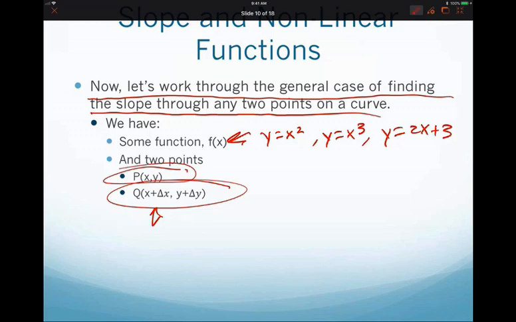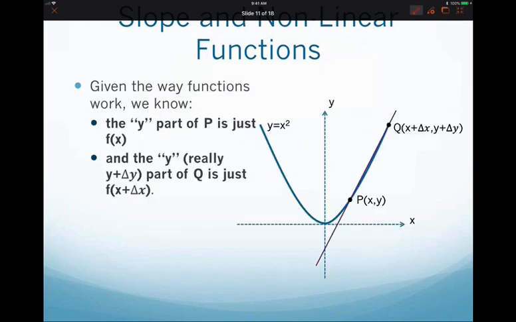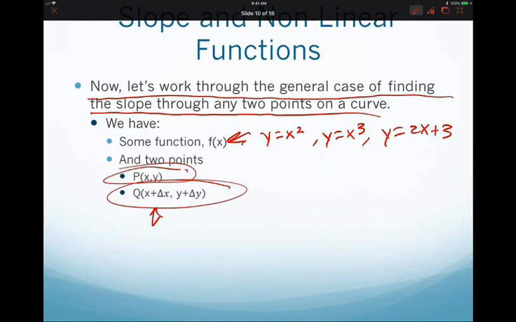So that's what we're trying to do. Before we start to work through some of the math, let's talk about functional forms. We're going to start with some function.